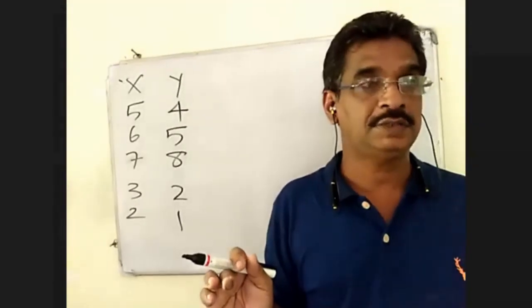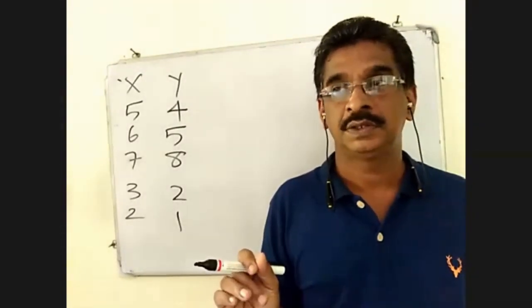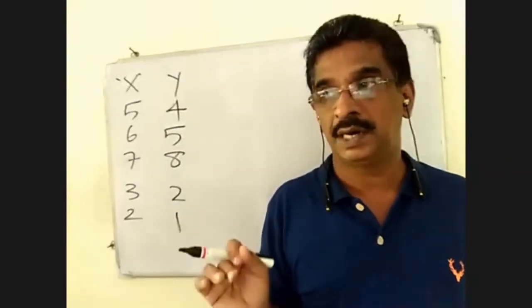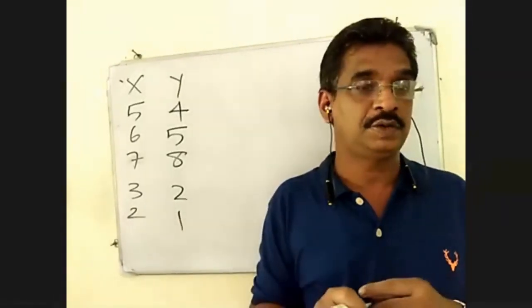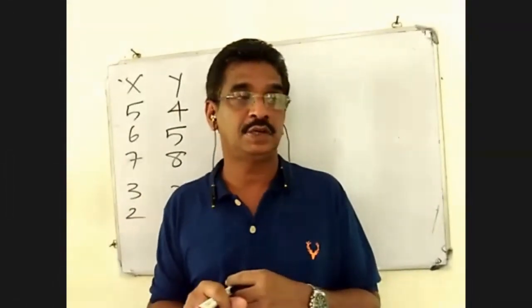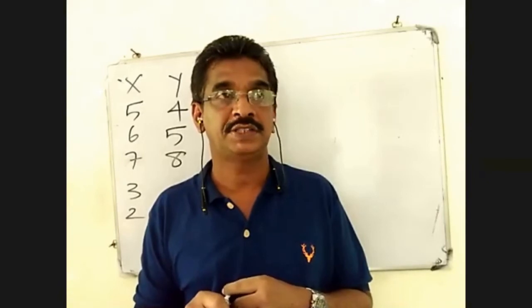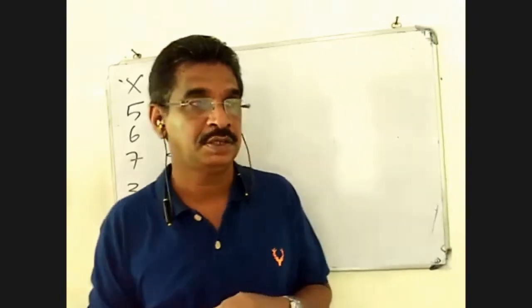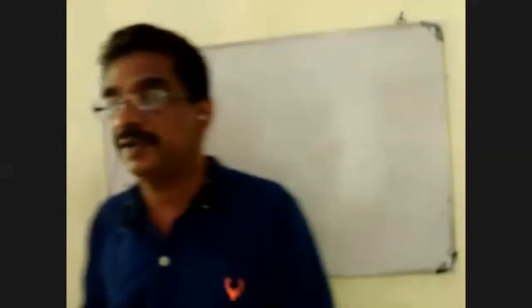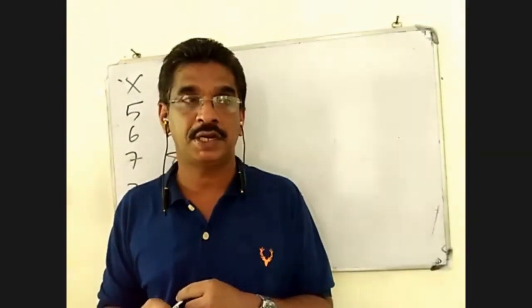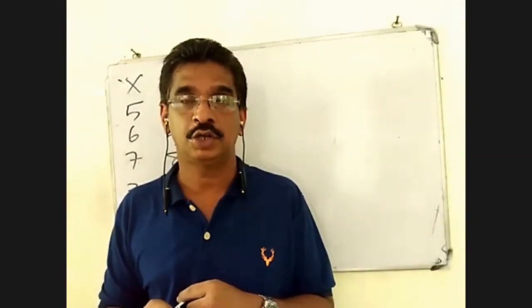Come on: y minus y bar is equal to byx into x minus x bar, where byx is equal to n sigma xy minus sigma x into sigma y, the whole divided by n sigma x squared minus sigma x, the whole squared.